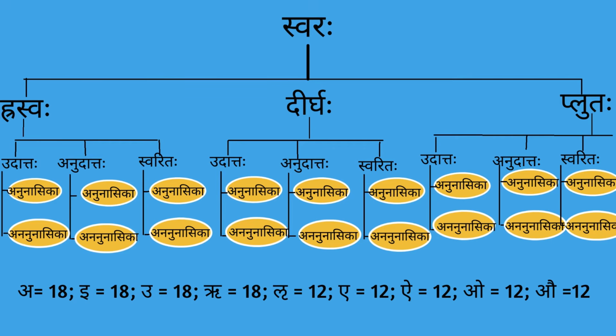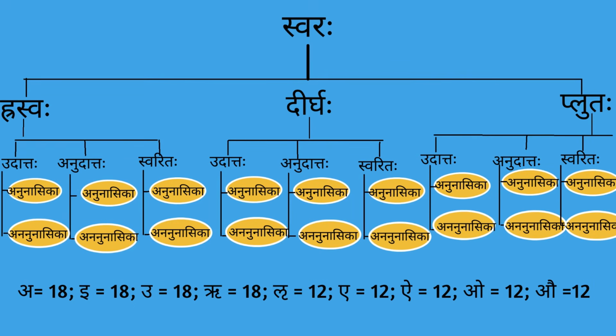What all we have seen about the vowels till now, I have captured it in this flow chart. If you see here, a vowel can be of Hrasva, Dirgha or Pluta. And further, this Hrasva or Dirgha or Pluta can be of this type: Udatta, Anudatta and Svarita. And further, each of these can be either of the type Anunaasika or ananunaasika.